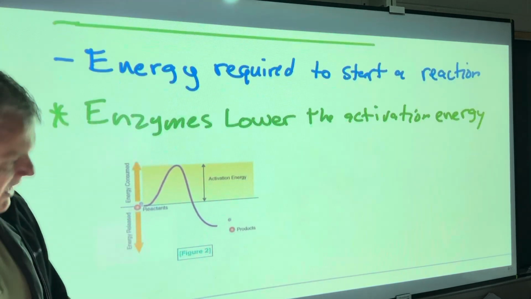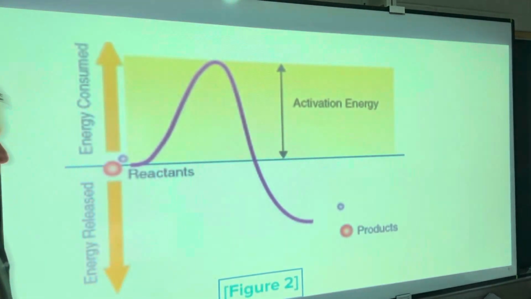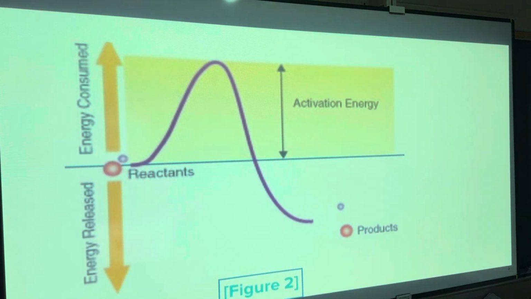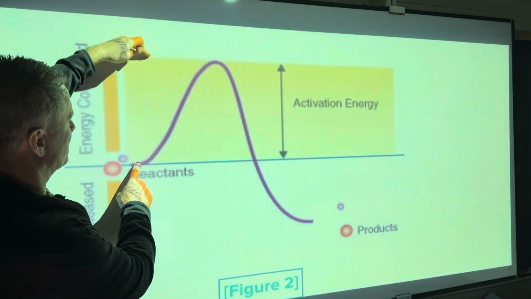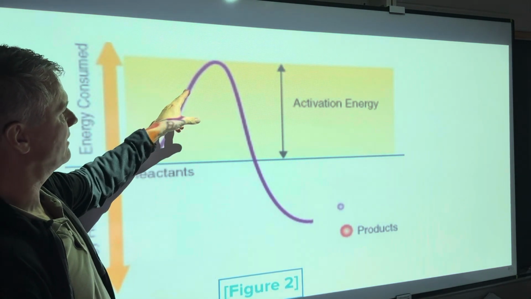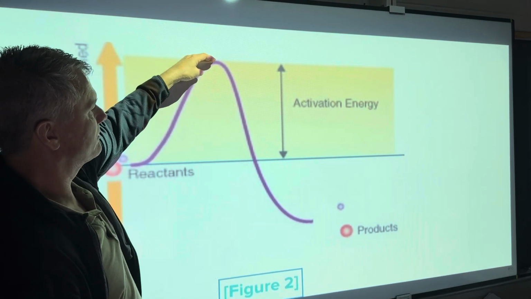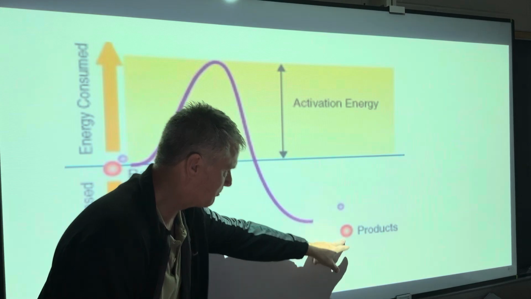Now, when you look at, say, this diagram, and you can copy it, whatever you have, energy consumed, energy released. This is the activation energy required. So if this is a reactant, it's got to gain enough energy where the reaction will take place, and then you can see it goes into the products.